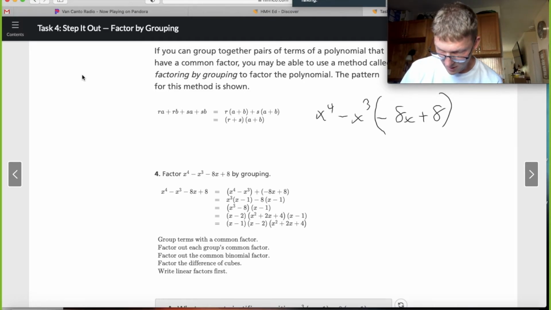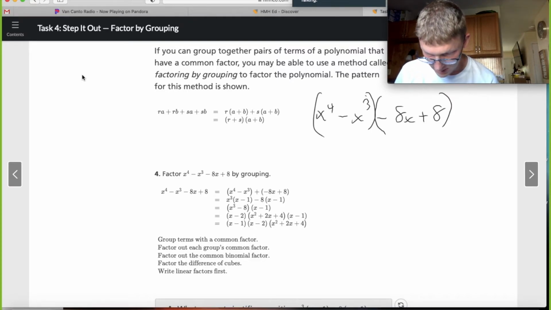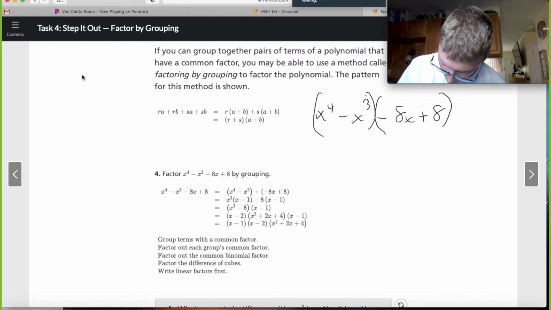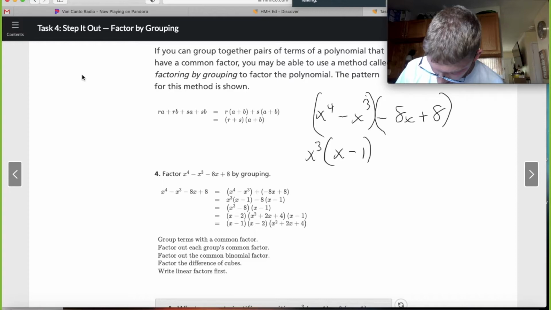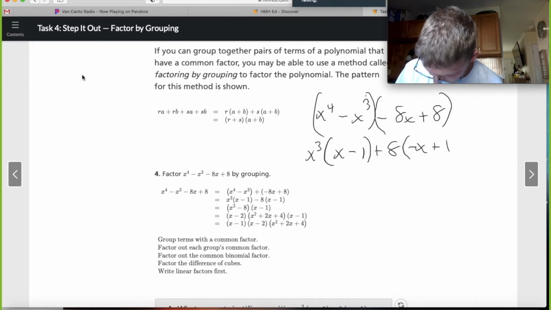So then if I group my other two together, there's an x cubed that can be pulled out of there. So let's do that. Let's see what happens. We've got an x cubed, we got x minus 1, and then here we're going to pull an 8 out. So plus 8 times negative x plus 1.